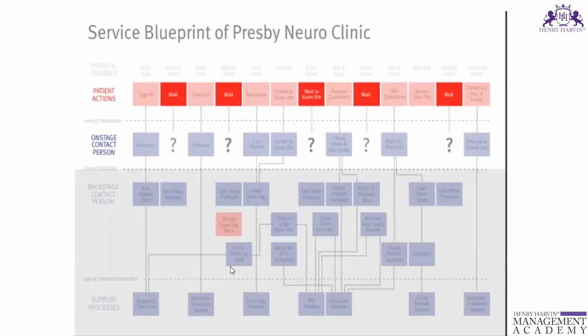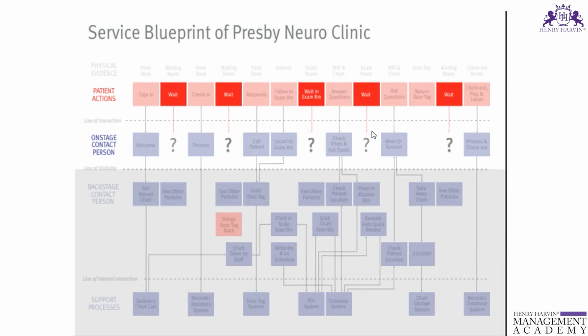So if we go to hospitals, there are a couple of people you can see, a couple of processes you are directly engaged in, and there are a couple of backstage processes as well as people involved. Am I right or not? Now you are taking an OP card. Who are you interacting with? What is the staff action? Front office.